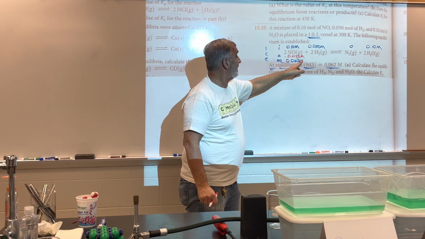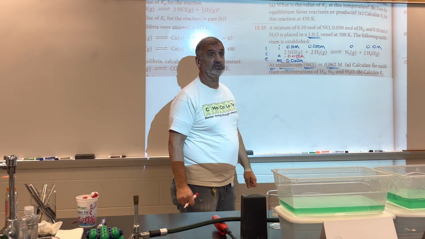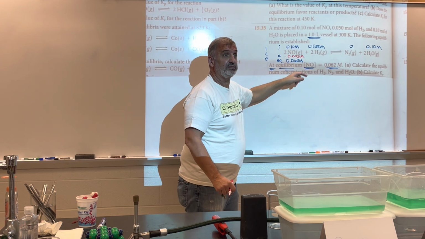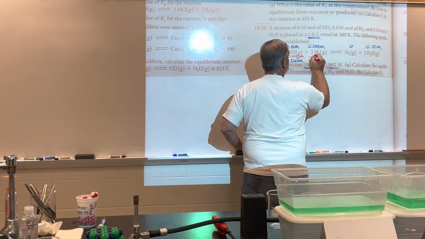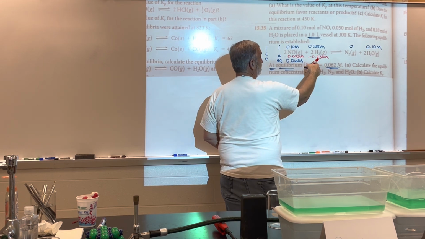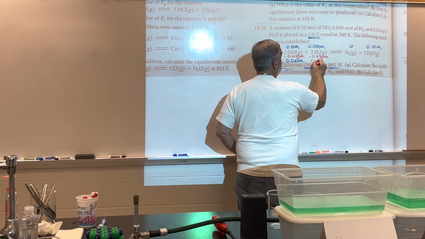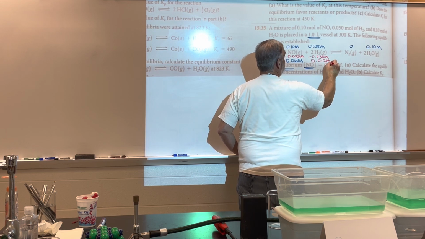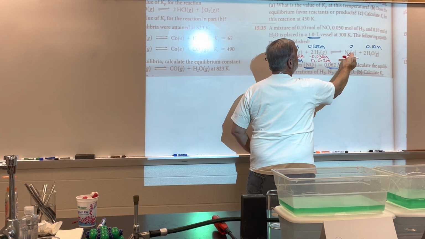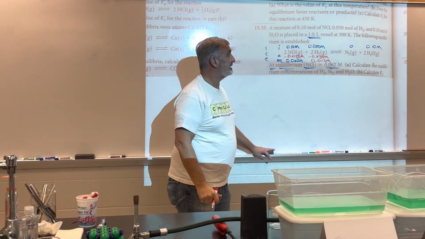So how much of this reacted? If 2 reacts with 2, same amount, right? So this was minus 0.038 molar. So how much of this is going to be at equilibrium? 0.012 molar. Well, for every 2 of these that react, how many of these got formed?